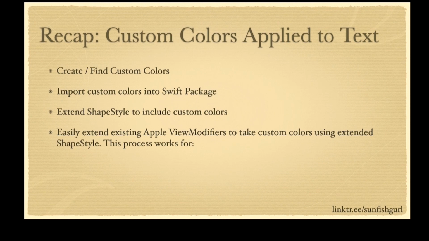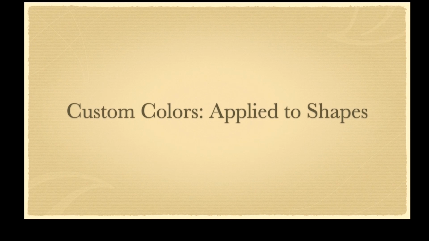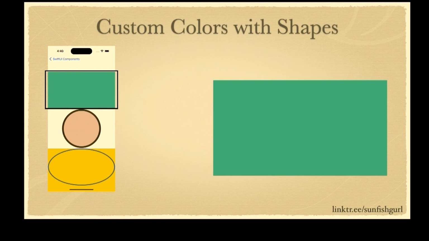And therefore that means we can easily extend existing Apple view modifiers that take custom colors using shape style. And this process works for the foreground color modifier and the background modifier. Next, we'll move on to our final segment, which is creating custom colors that we can apply to shapes.